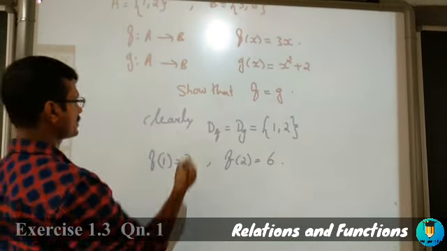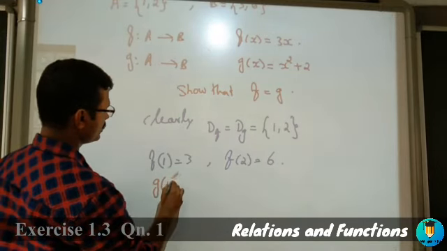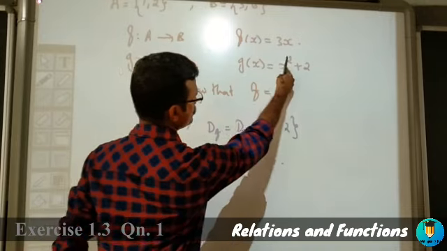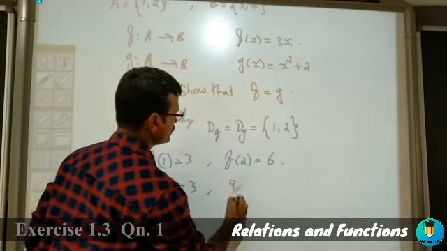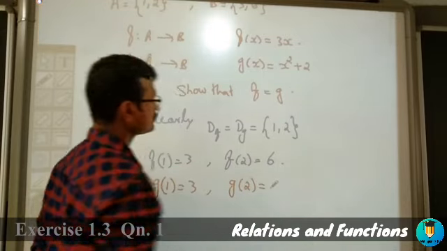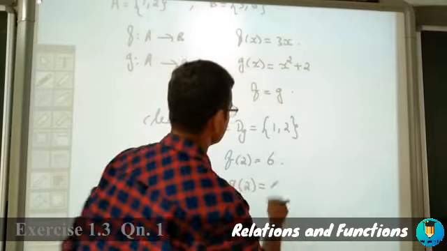Now for the second function, I will also try it. g(1) is 1 square plus 2, that is 1 plus 2, which is 3. And g(2) is 2 square, that is 4, plus 2, that is 6.